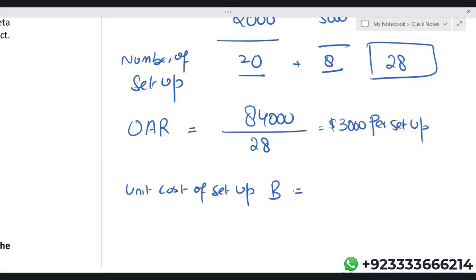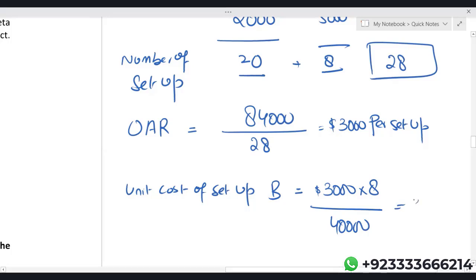It's very simple. Per setup cost is 3,000. How many setups do we need to manufacture 40,000 units of product B? 8. And total number of units, obviously, is 40,000. So simply 3,000 multiplied by 8, I'm getting 24, divided by 40,000.